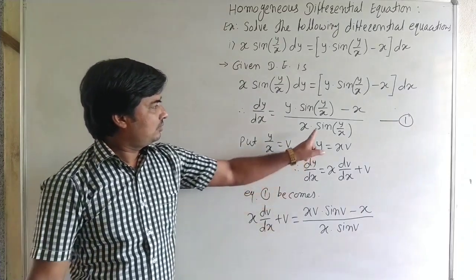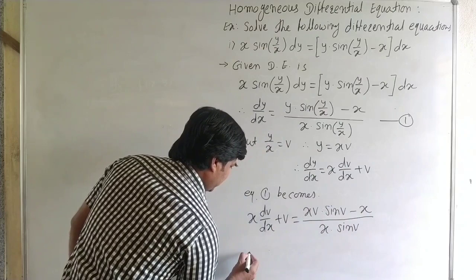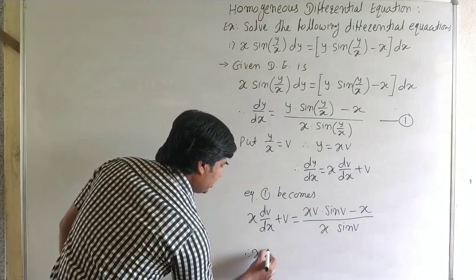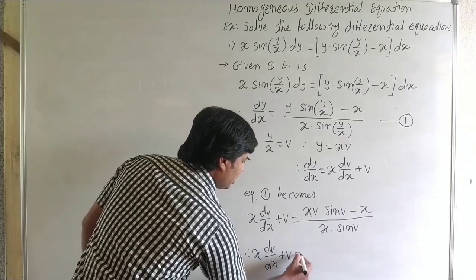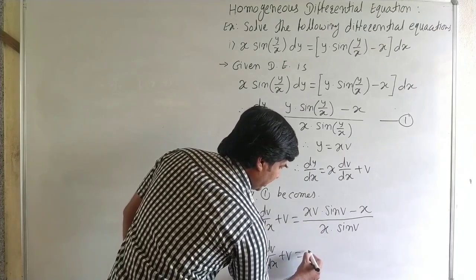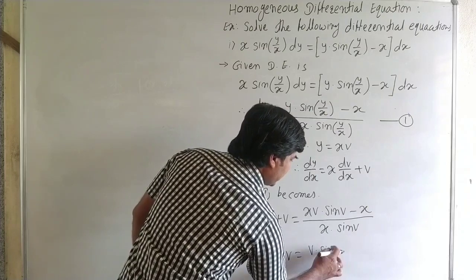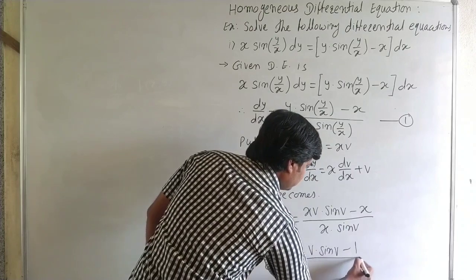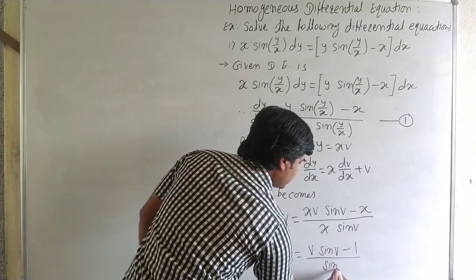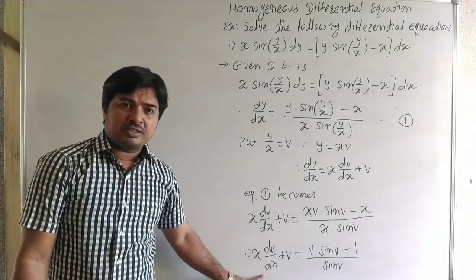See carefully this. Now we can take common this x, and therefore we get x into dv by dx plus v is equal to v into sin v minus 1 upon sin v. Okay. Now it is a dv by dx.